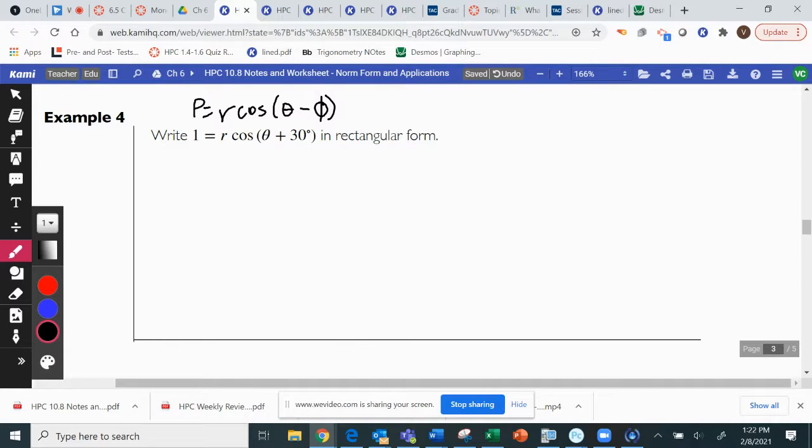P equals is our formula. Sorry about that. So what is our p-value? Oh, okay. And then our phi is negative 30 degrees.